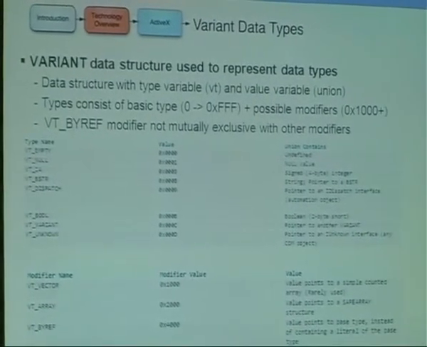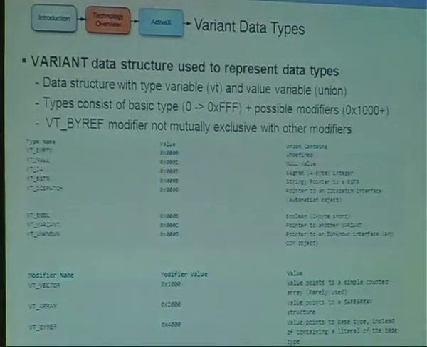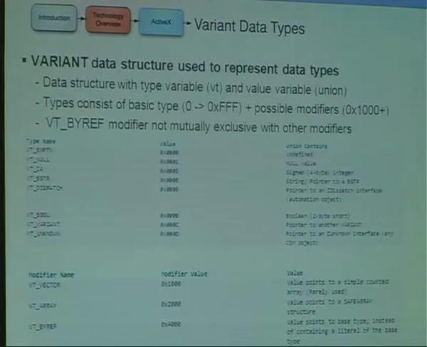The other thing you can have is the VT_BYREF modifier, which basically says this is a pointer to the basic type rather than being a literal value. So if you had a VT_I4, for example, like an integer, and you ORed it with VT_BYREF, then the value in the variant would have a pointer to an integer rather than just a literal integer itself.